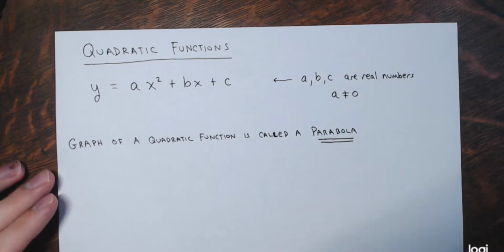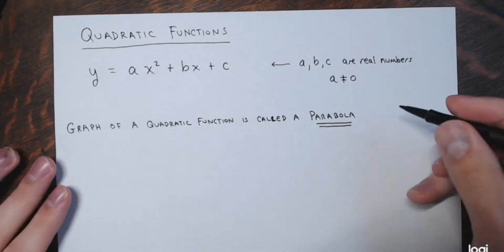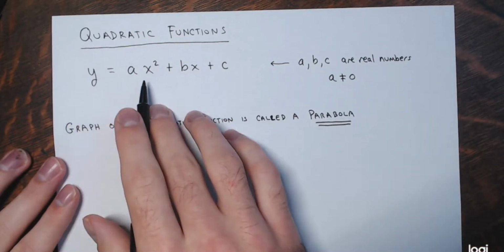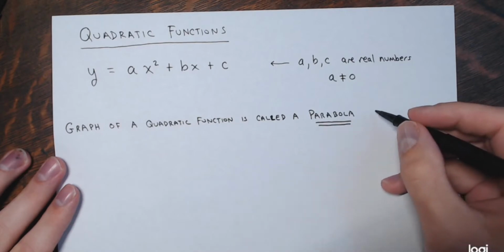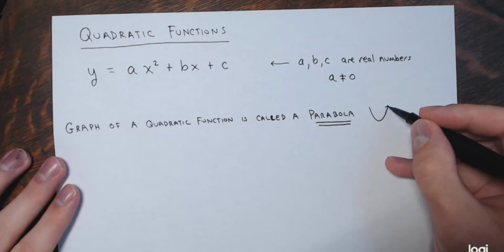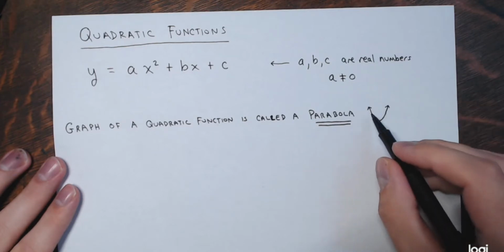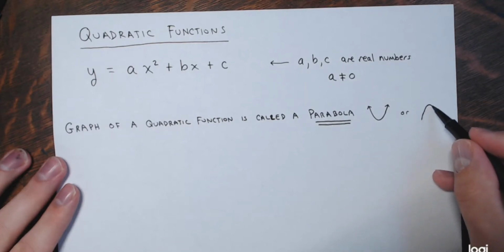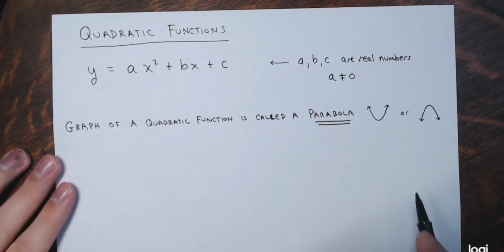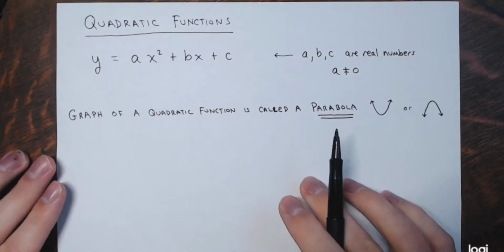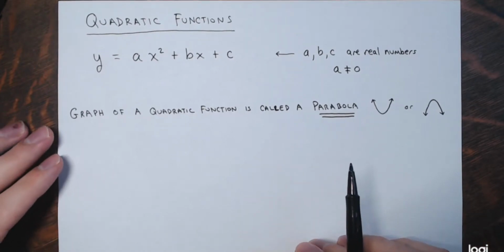And the parabolas we're going to see, where y is the output and x is the input, are going to be either opening up, like these U shapes that go up forever on both ends, or they could be opening down, and go down forever on both ends. But they're these U shapes that are very symmetrical. And we'll talk about the axis of symmetry and stuff like that later.